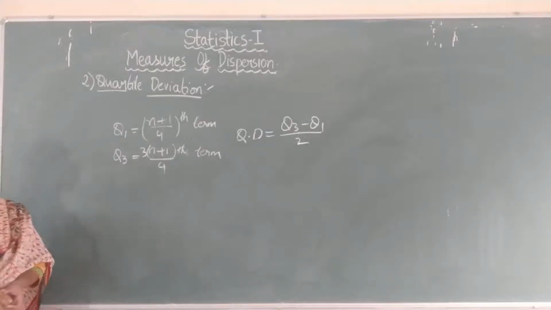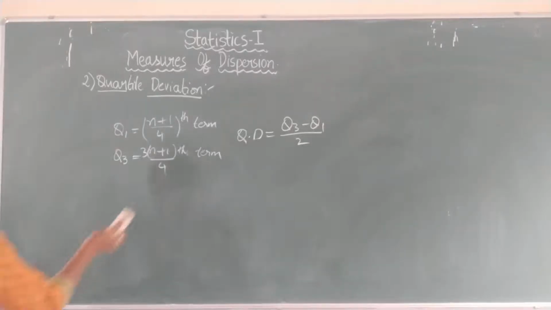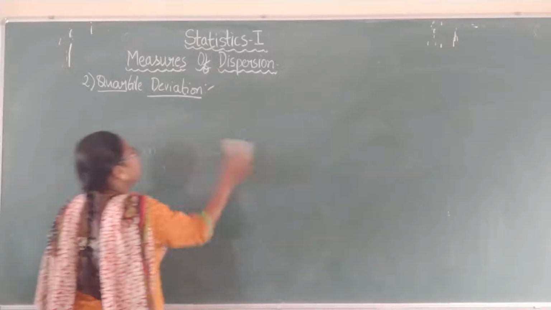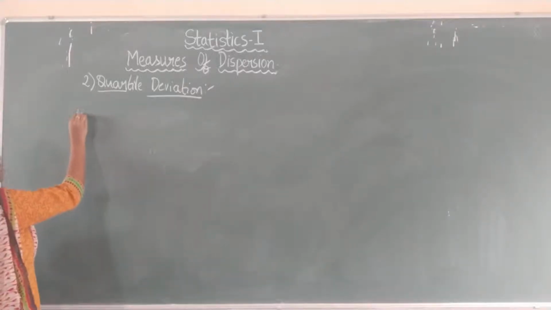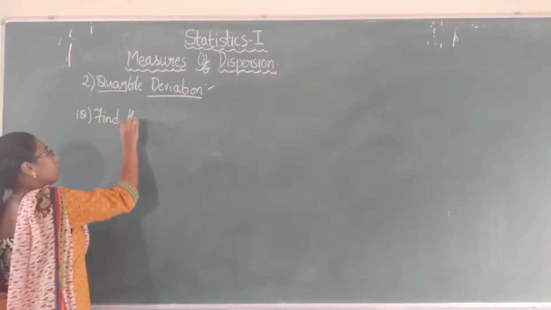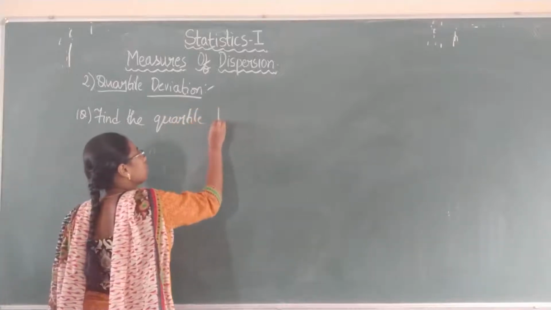Now we will see a small problem for the ungrouped data case. Find the quartile deviation for the values.